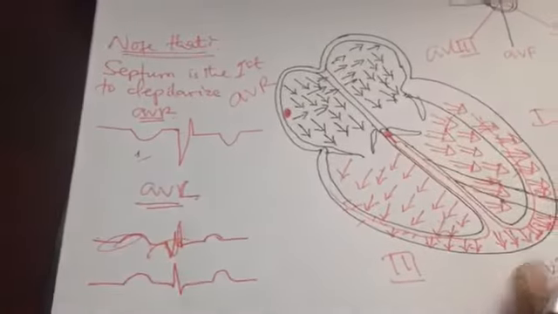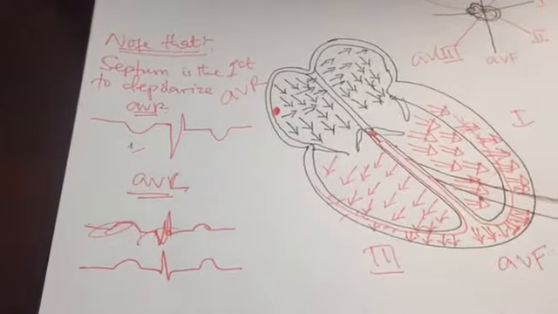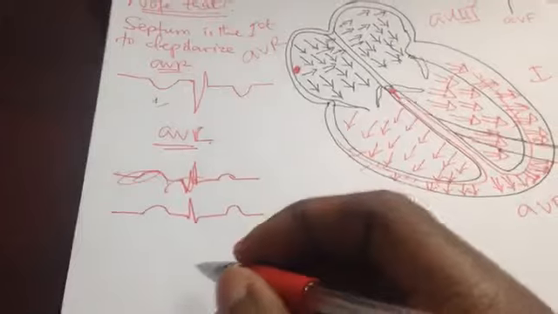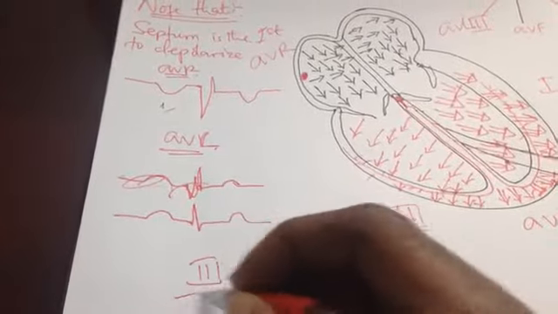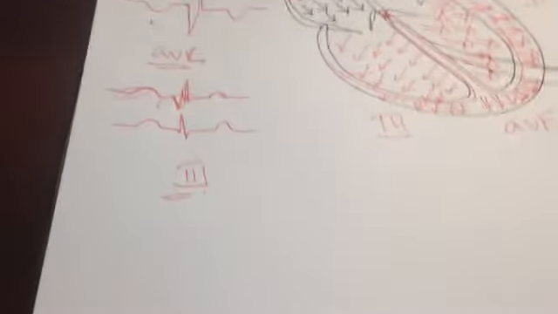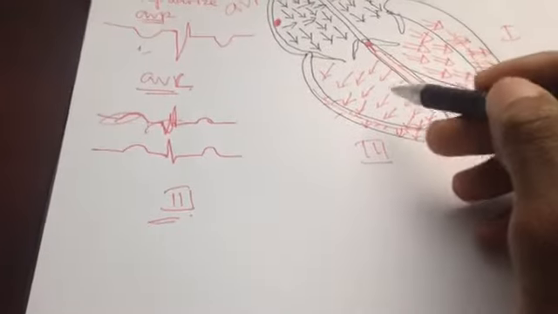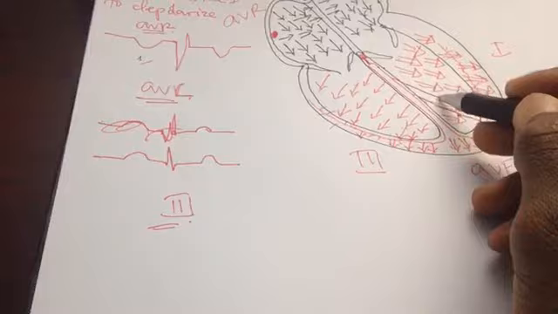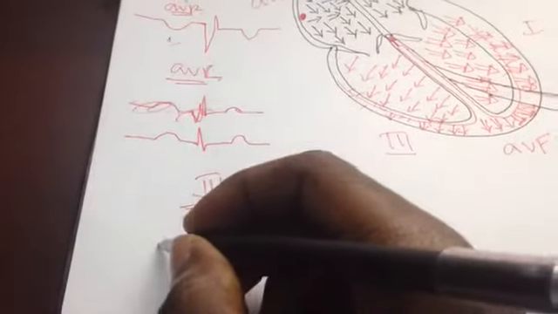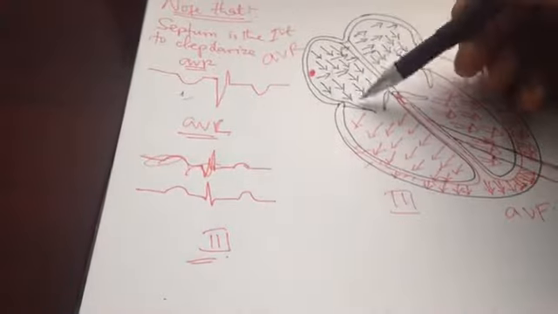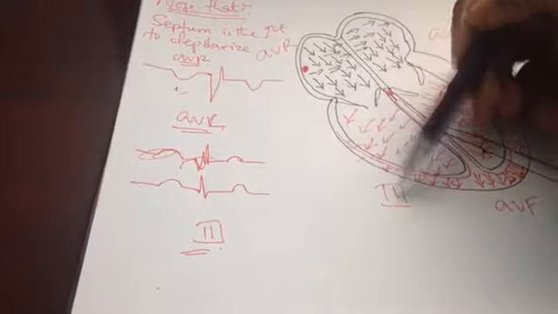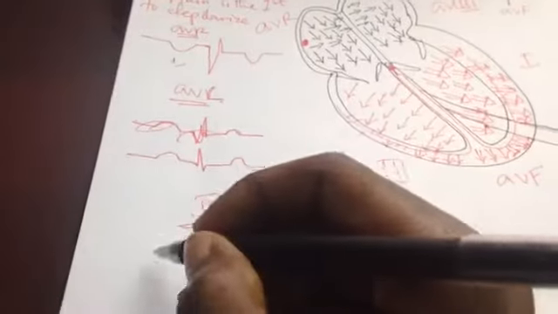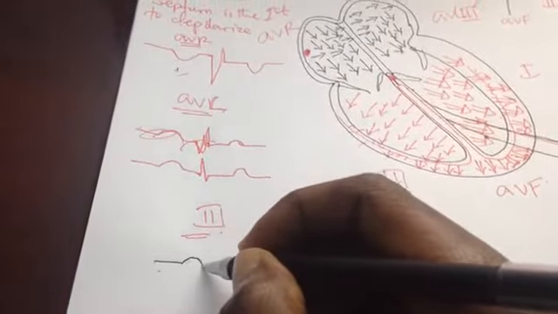So that is it. And then when we come to lead 3, there are some impulses that are going toward lead 3, but they are not as strong as this. Also, if we take the P wave, it is going toward lead 3, so it is showing a positive deflection.